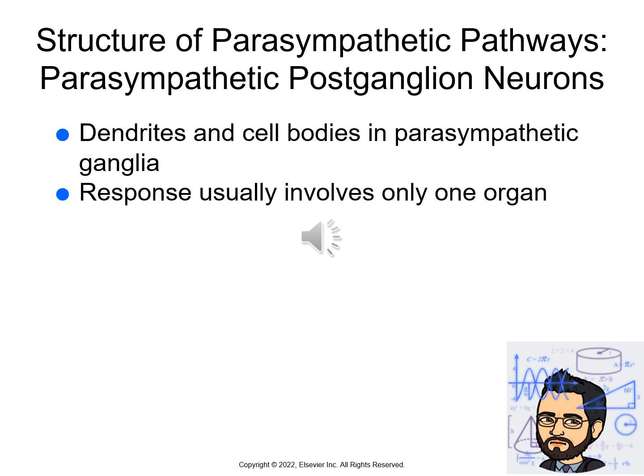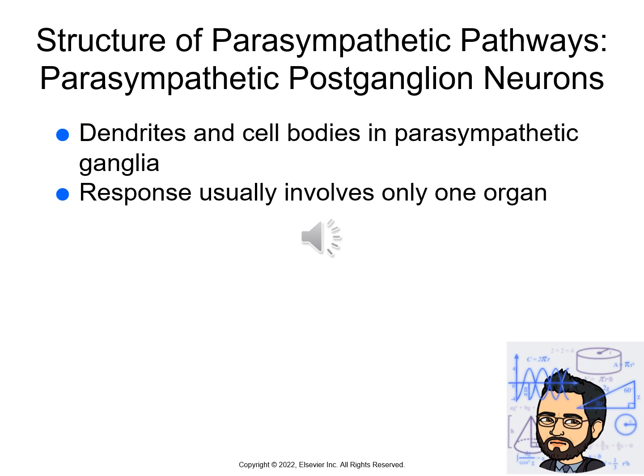All right, continuing with the parasympathetic pathways, parasympathetic postganglionic neurons. So in this slide, the parasympathetic nervous system postganglionic neurons are characterized by their short length and proximity to target organs. So their cell bodies and dendrites are located in parasympathetic ganglia, which are either near or within the target organs themselves.